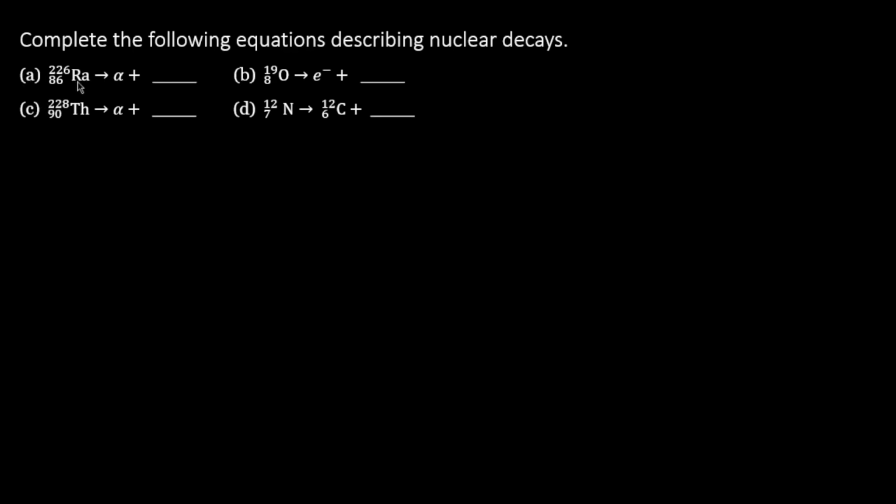So first it is given as radium 226, 86. This is not 86, this is actually 88, because 86 is radon. So let's do the first sum. Radium 226, 88 gives you an alpha particle plus X. Now we know alpha particle is our helium atom, that is He 4, 2.